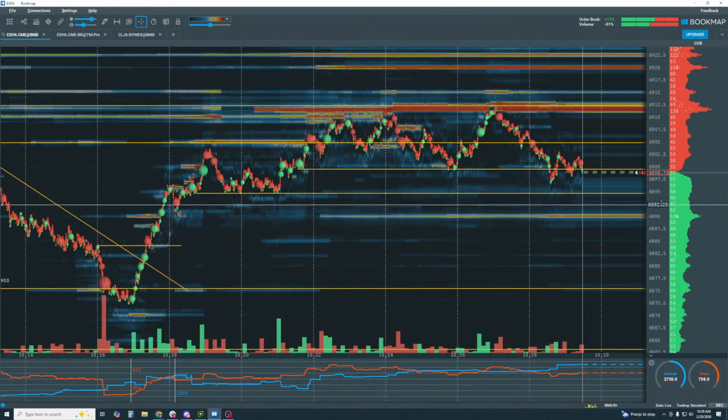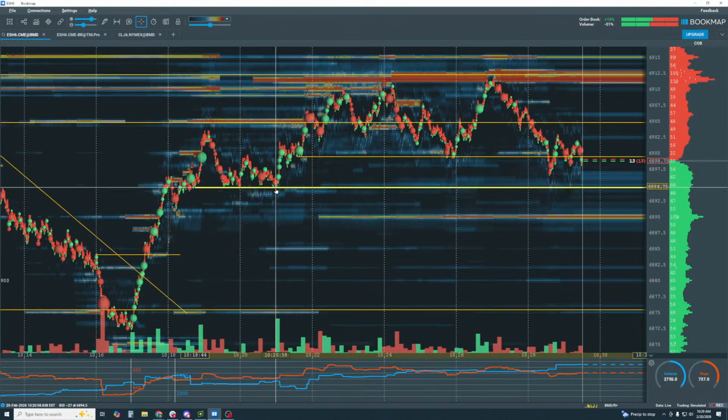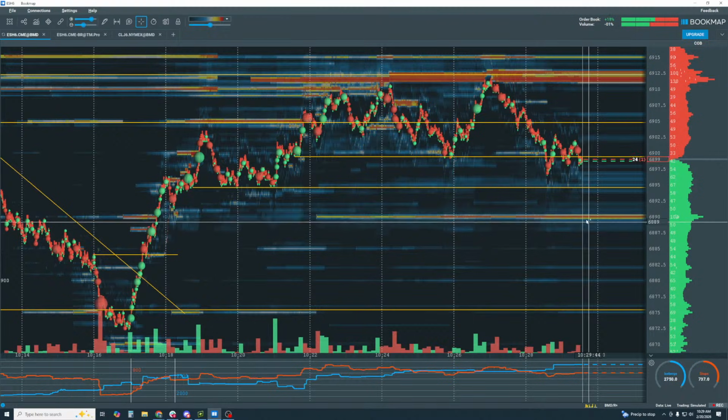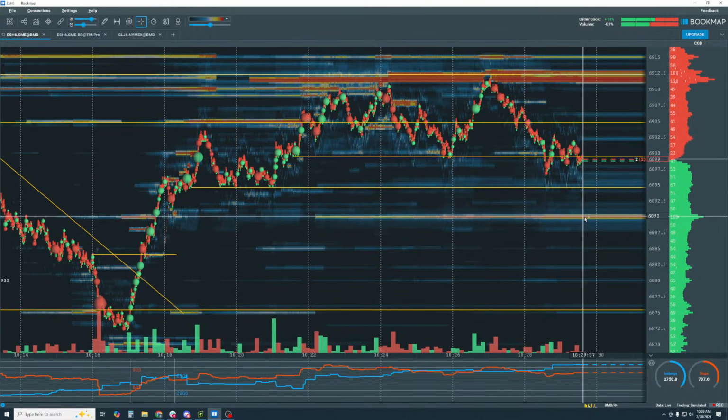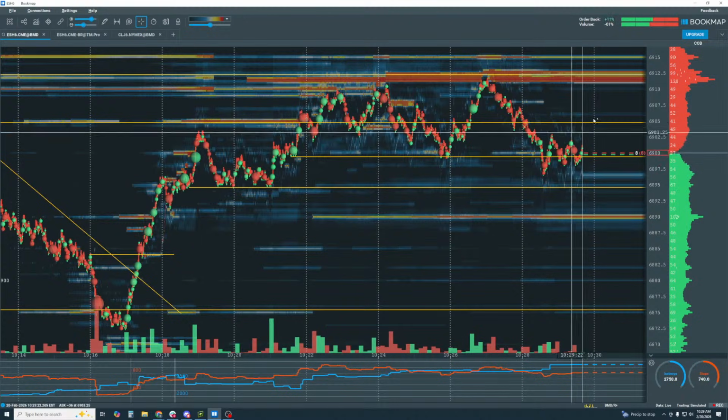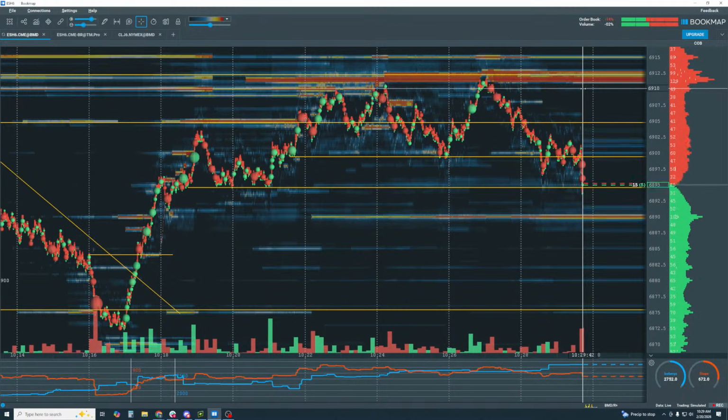And interestingly enough, this is the level that we're looking at here. I don't see much liquidity there. Okay, they're down here at 68.90 instead. Okay, so we're bashing around right around 6,900 here.